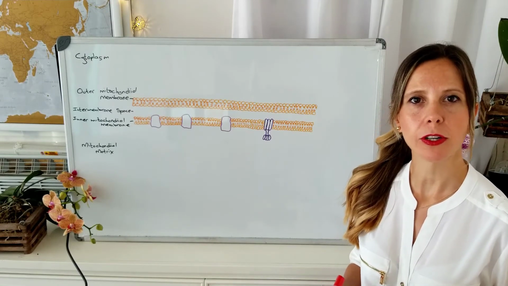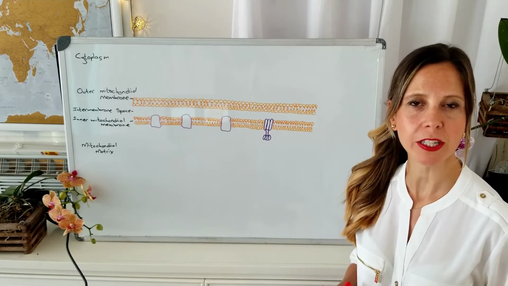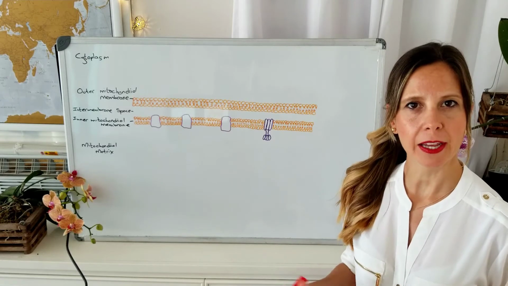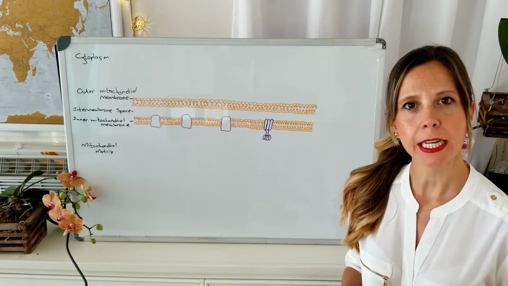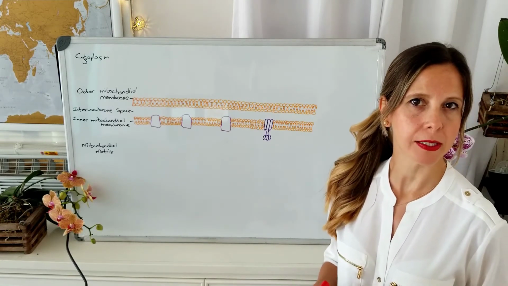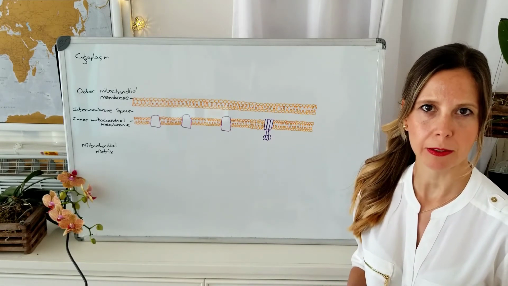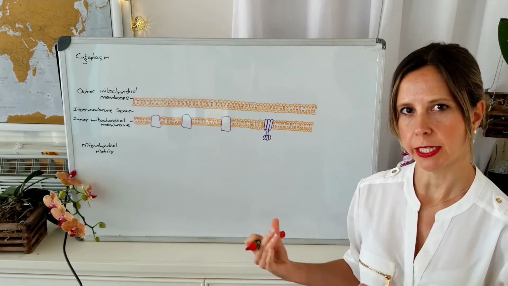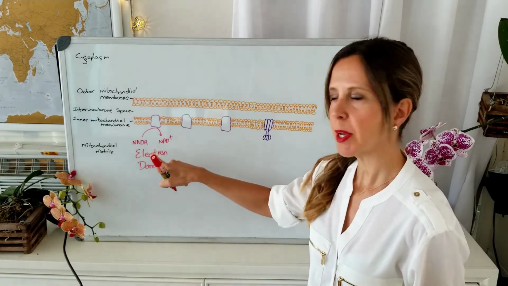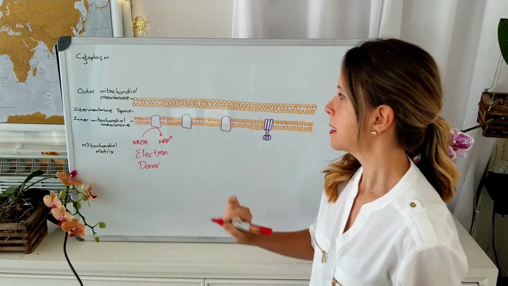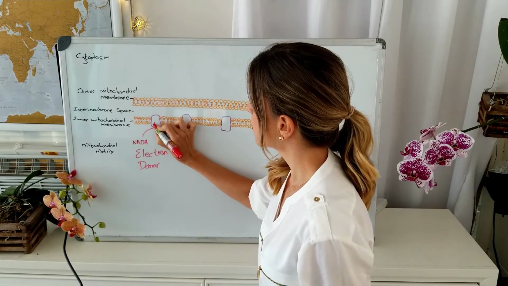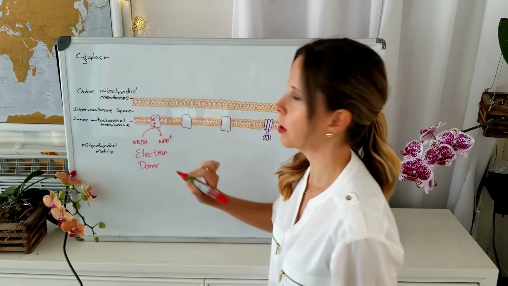Our electron donors, in the case of aerobic respiration, are NADH and FADH2. NADH was generated in glycolysis as well as the Krebs cycle. FADH2 was generated in the Krebs cycle. Let's just use NADH in this example. NADH is going to be oxidized to NAD+, losing electrons to this first protein in the electron transport chain.